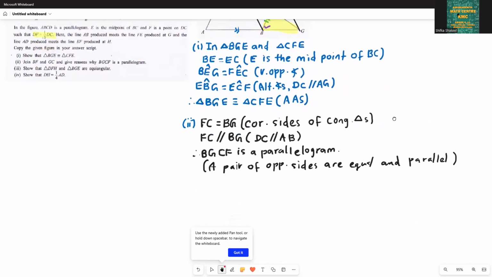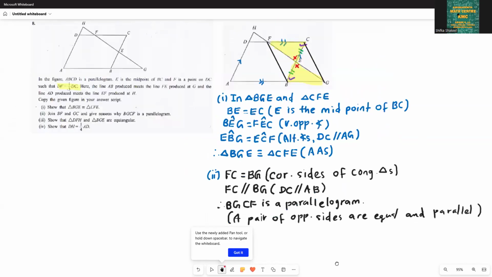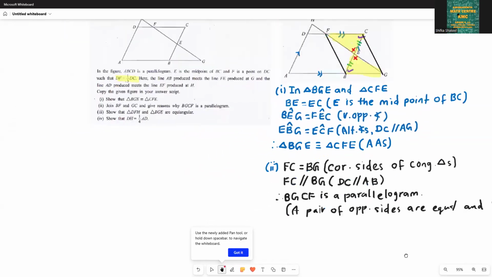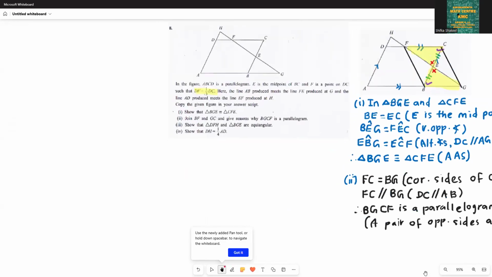Or else we can write another case. I'll write here the second part again. Or else we can use another method for the second part, that is BE and EC are equal.